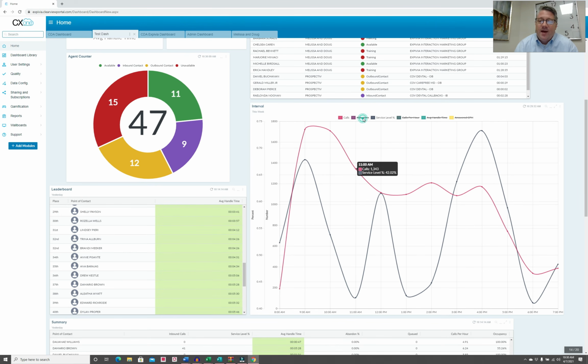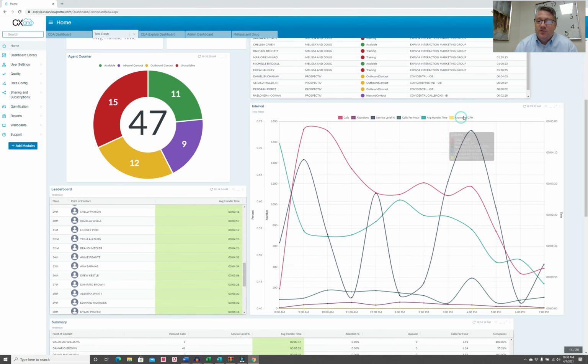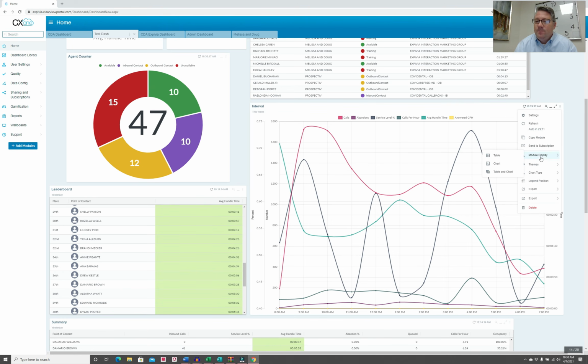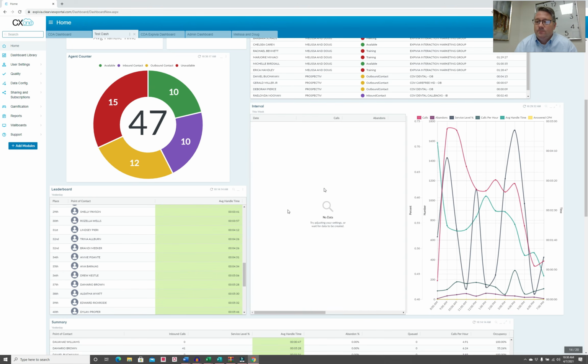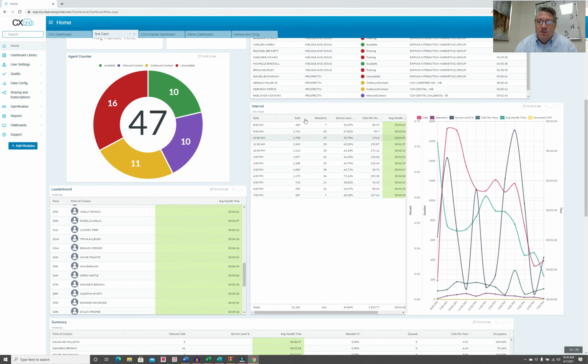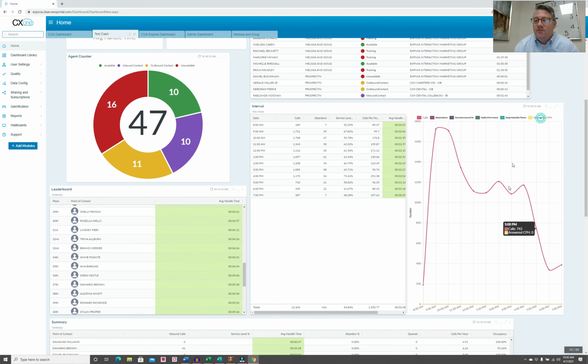So I like this platform as well because it gives me the ability to not only look at the chart, but to also get a visual representation of where we are.